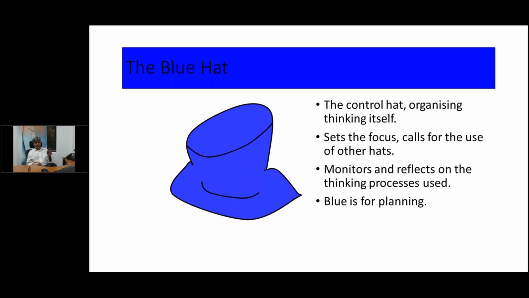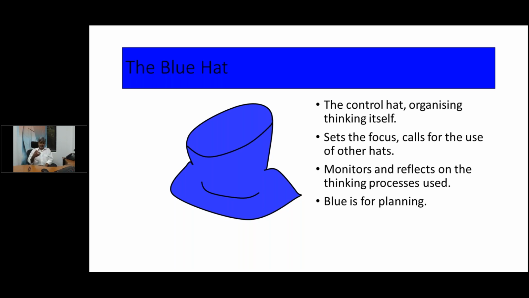It is up to the person who wears the blue hat to control everything. It is the anchor person who makes sure that everything goes right. It is a planning person, a person who plans the activity, plans the processes, and monitors and then controls it. So that is what this thinking style is all about.